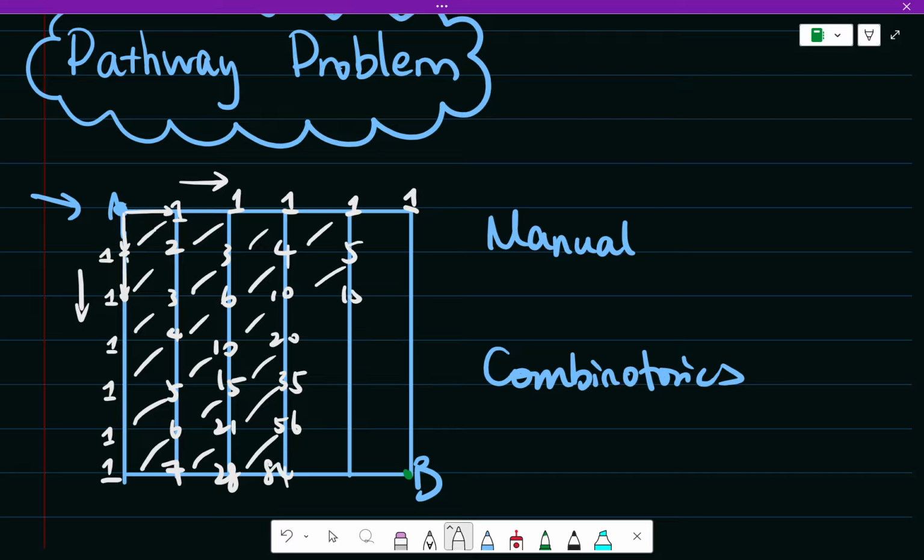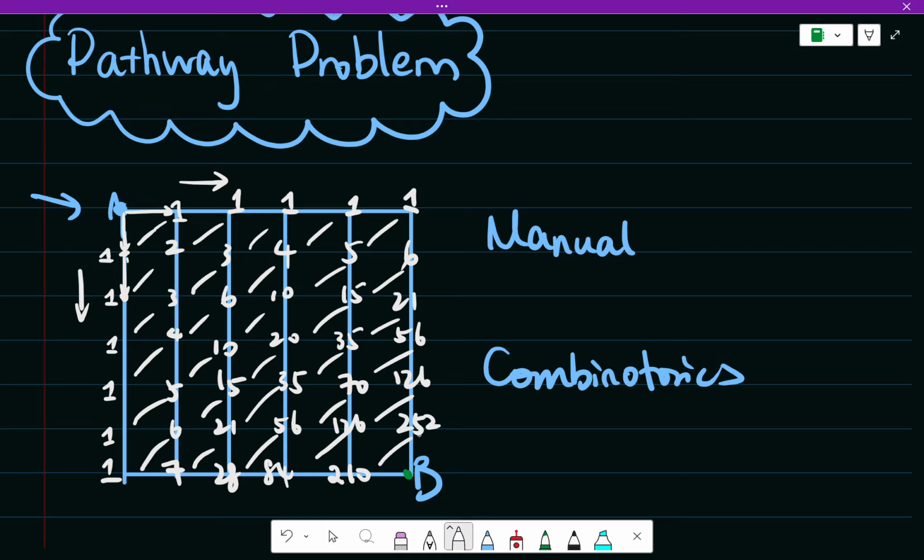We just keep doing this process, and eventually, we will arrive at that answer. So we'll see something like this, and at the end, we will have 264, 462. So this is what we'll get from a manual perspective.